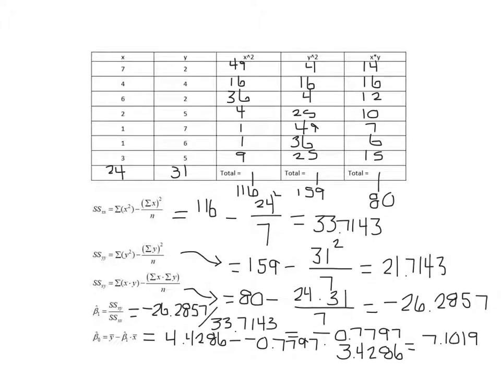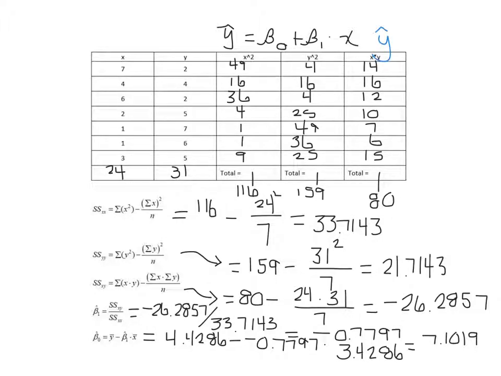So finally, our regression equation we know is y hat equals beta sub 0 plus beta sub 1 times x. So that regression equation would be our final answer here.